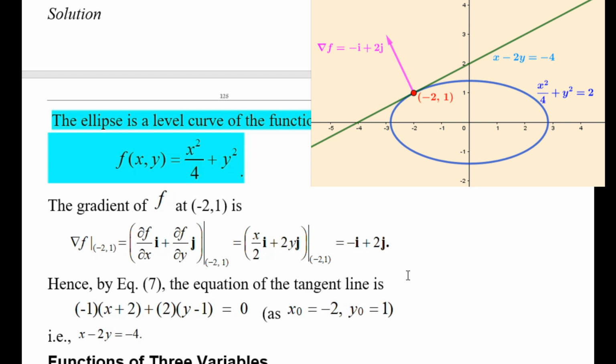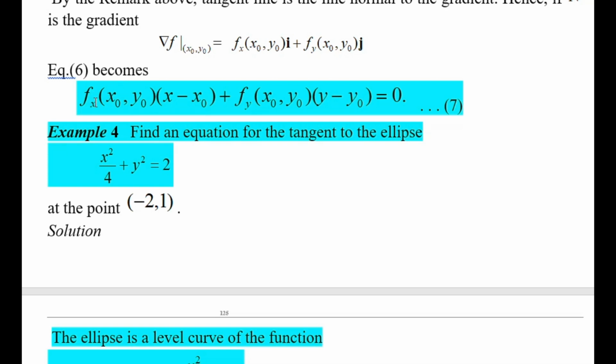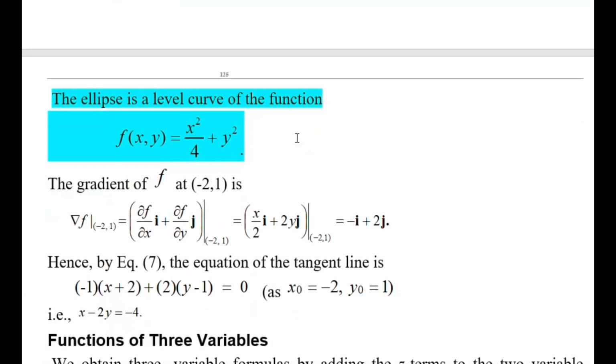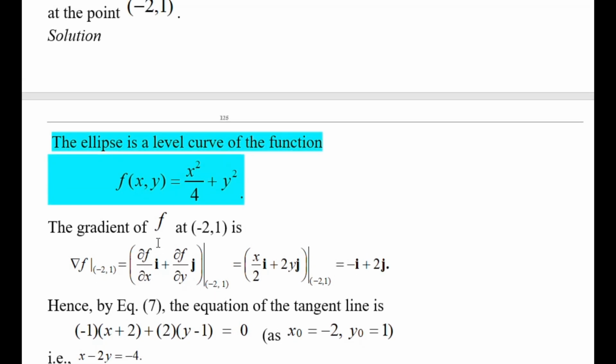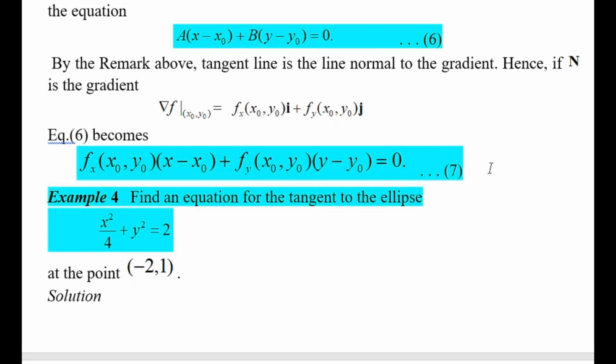So by the equation above, the equation of the tangent line is, what is the tangent line? Partial derivative of f with respect to x times (x minus x0) plus partial derivative of f with respect to y times (y minus y0). We substitute those values here: the partial derivative of f with respect to x evaluated at the point will be -1, and similarly the partial derivative of f with respect to y will be 2.